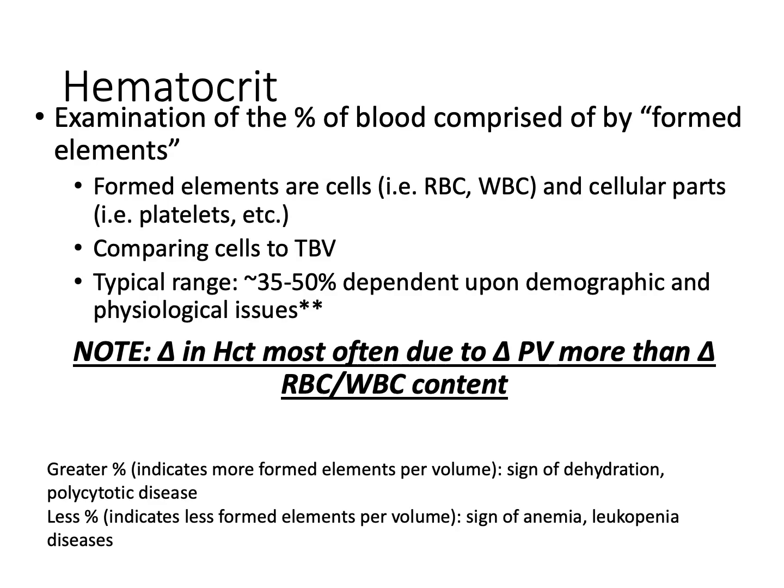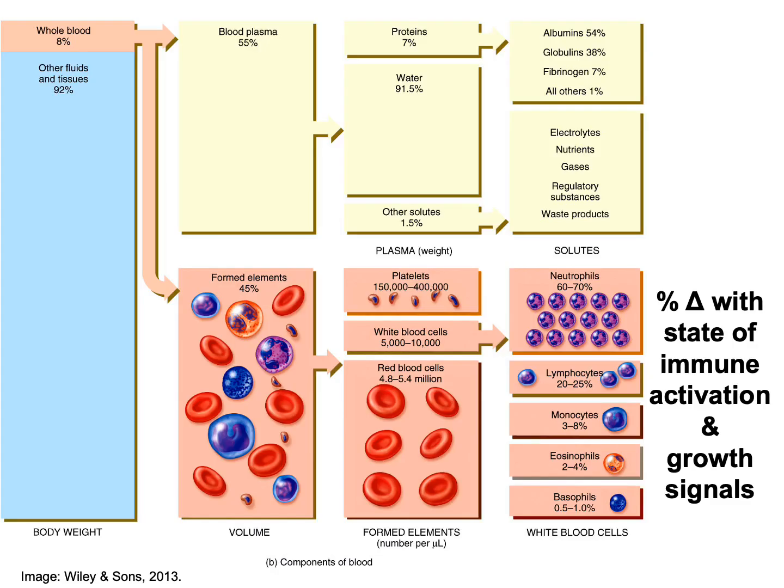And so if we look at this breakdown, this is what we're looking at in terms of the hematocrit and the compositions of the plasma, where the majority of the formed elements will be erythrocytes, followed by platelets, and then finally the leukocytes.